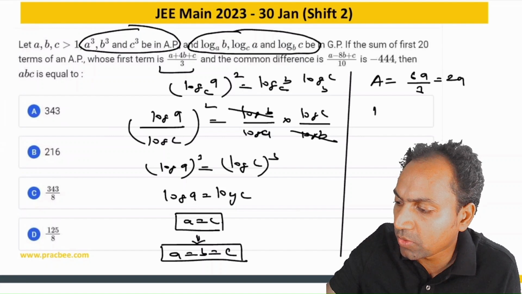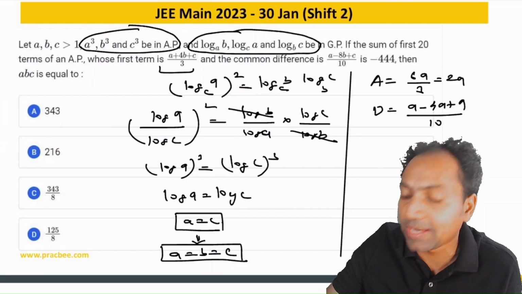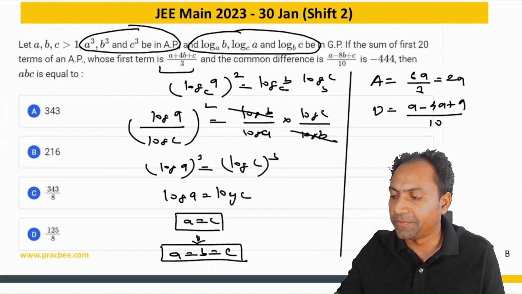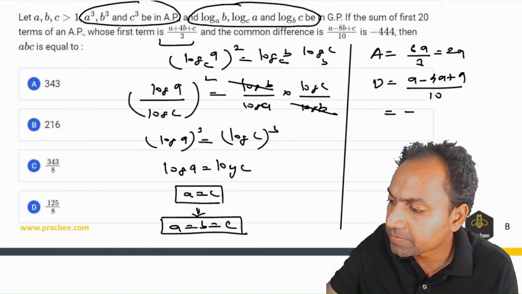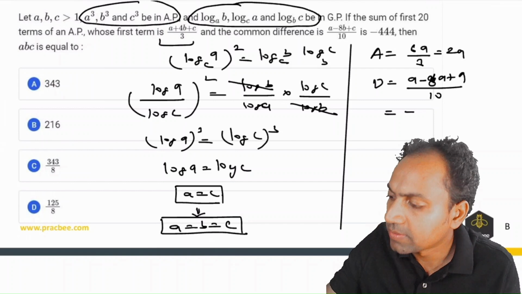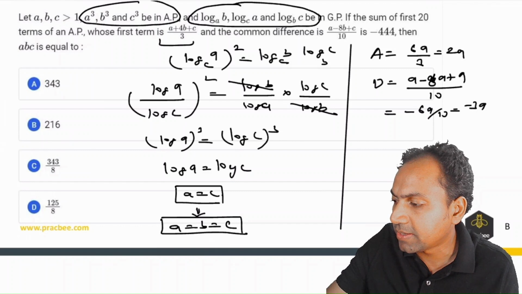And if I want to find d, they have given a minus 4 times a plus a by 10. Again, I am taking a, b, c all equal to a. Once I do that, what I am getting is minus 6a by 10, or minus 3a by 5.